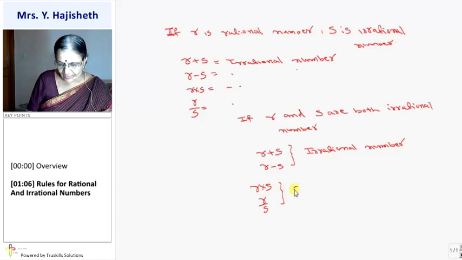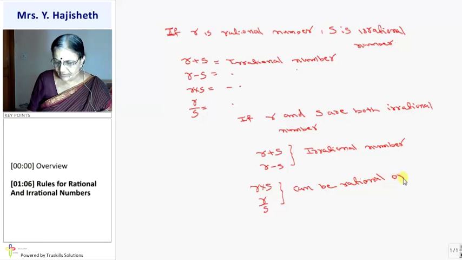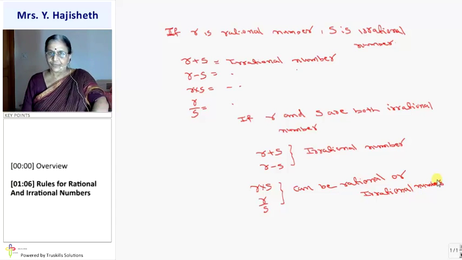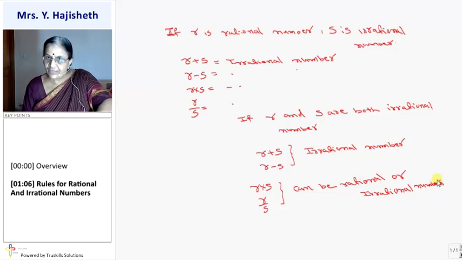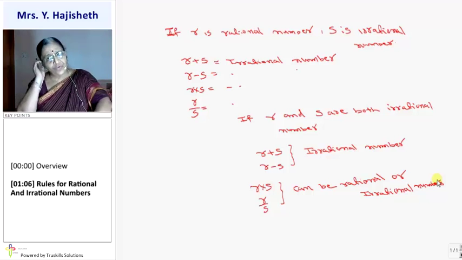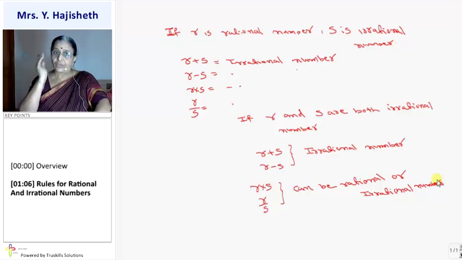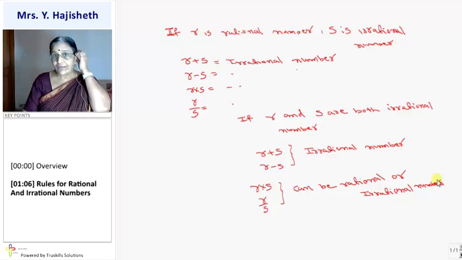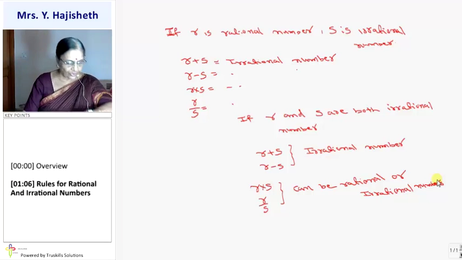Sometimes they can be rational, or sometimes they can be irrational also. We are not sure that they are always rational or always irrational. If R and S both are irrational, then their sum and difference are always irrational numbers. But for their product and quotient, you are not sure. They can be rational or they can be irrational. Clear?